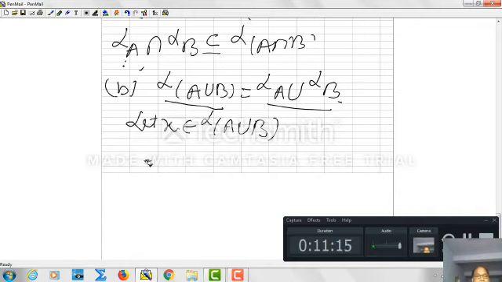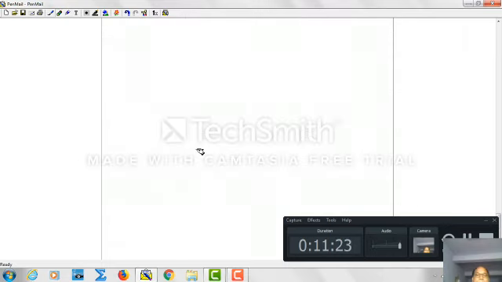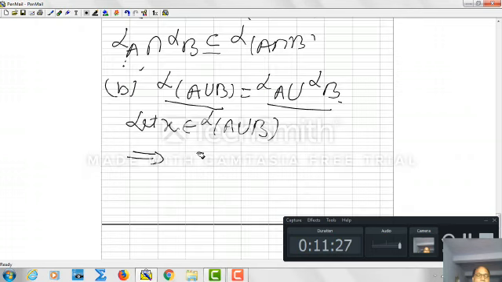Then by the definition of the union of two fuzzy sets, this implies (A union B)(x) is greater than or equal to alpha.